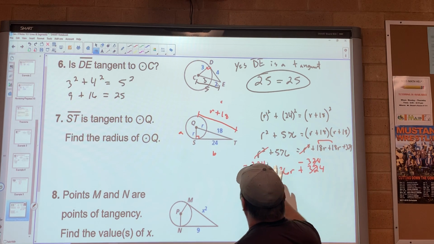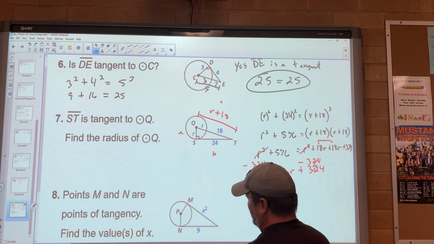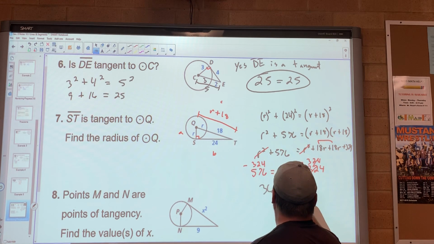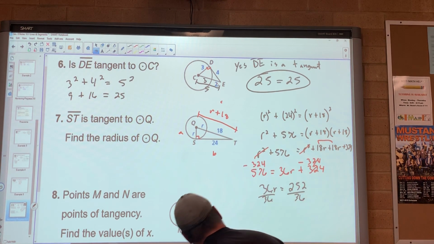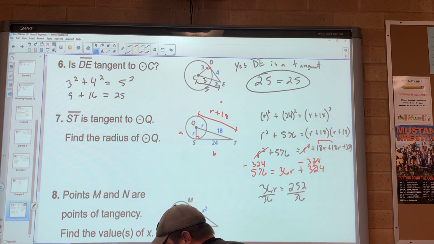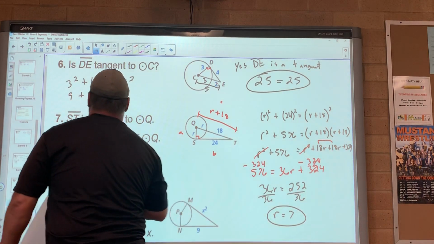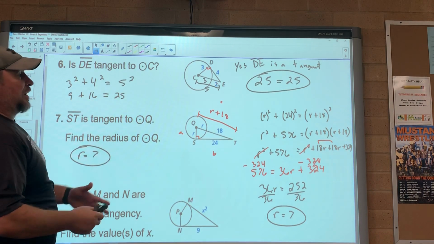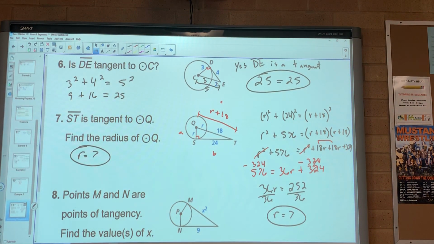I'm going to flip this around. I like my variable on the left. So 36R equals 576 minus 324, which is 252. Divide by 36, and we get 7. That's about how long that problem's always going to take you. It's the same work we did just a second ago.